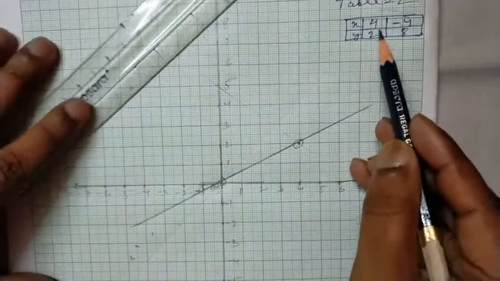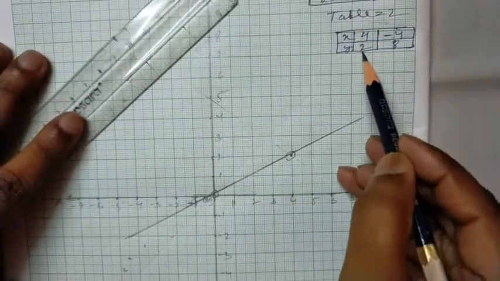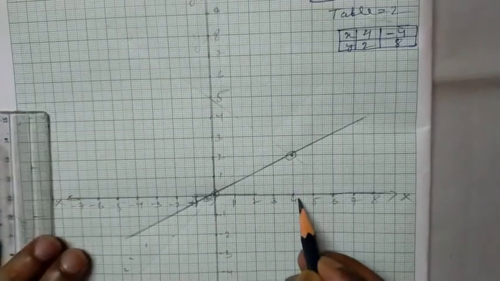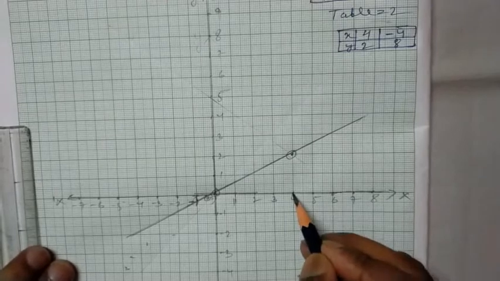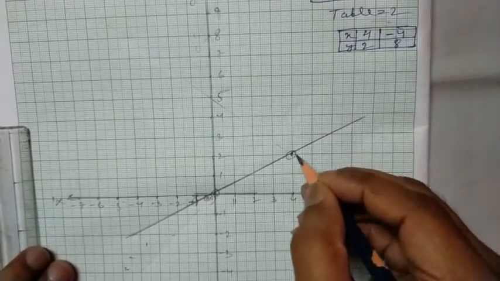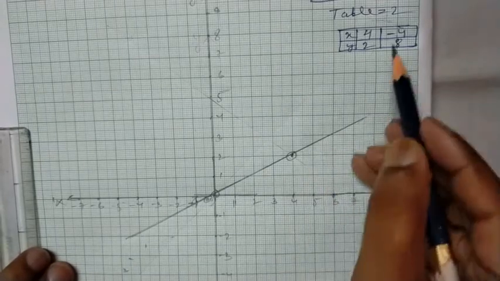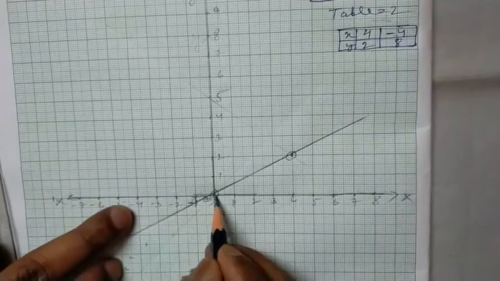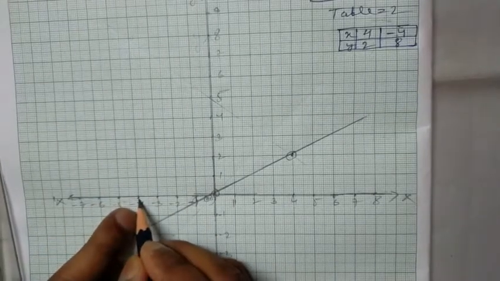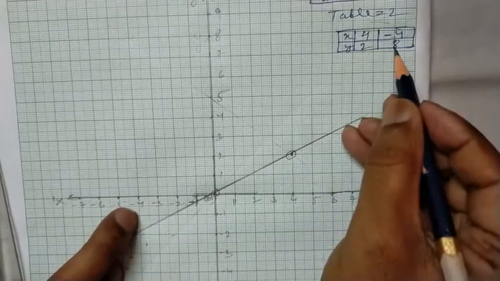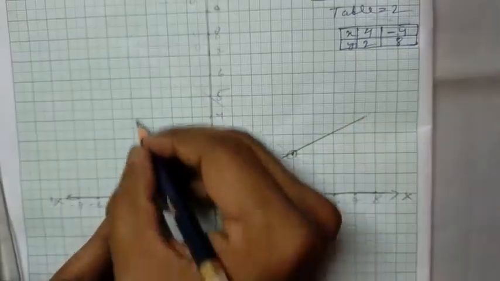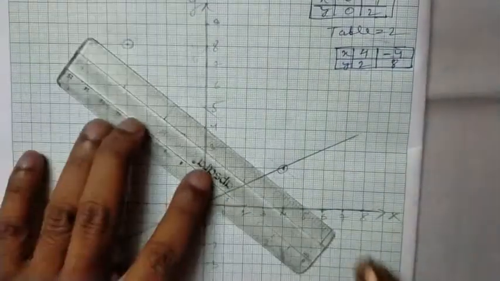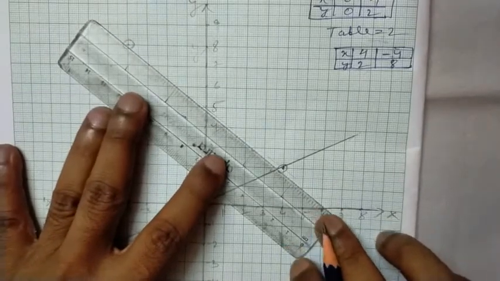Then from table 2, x value is 4 and y value is 2. For x we see from the first, x is positive and y is also positive, so it is over here. And the second point is -4 and 8. The -4 will be over here on x, and y is 8 positive, so it will go upward, right? So it will be here, so we can fix this point over here.